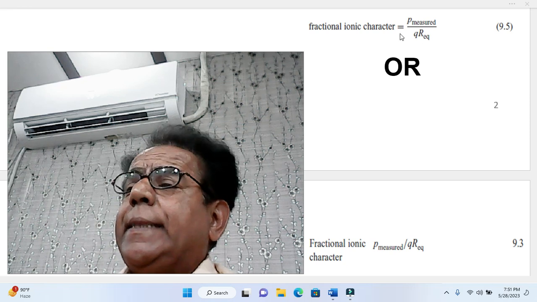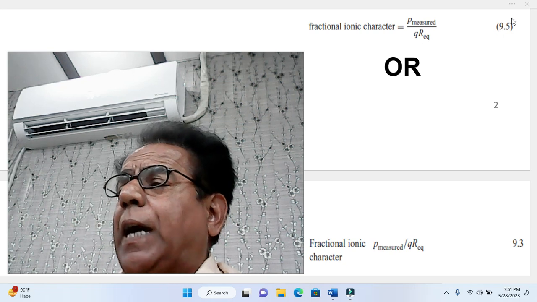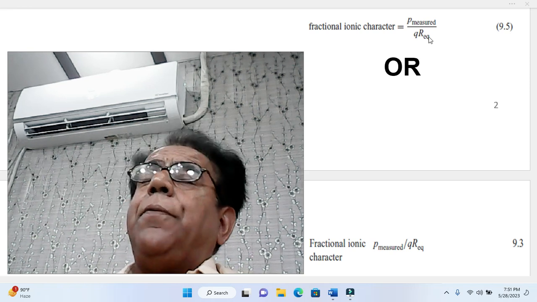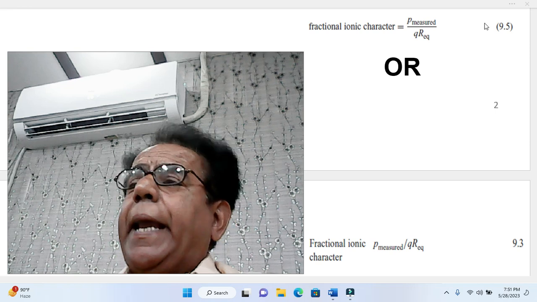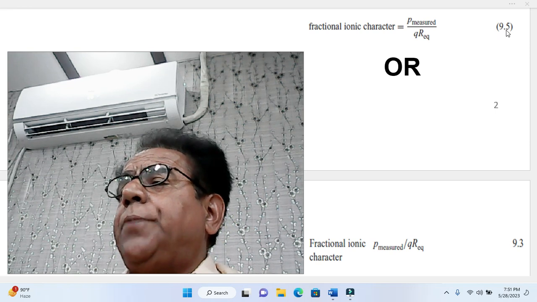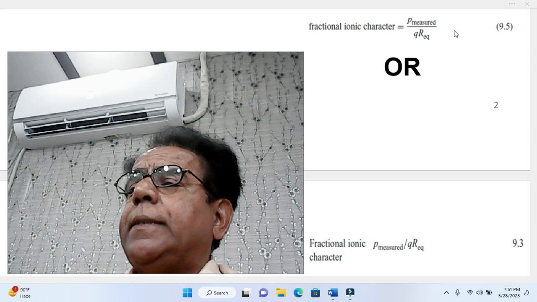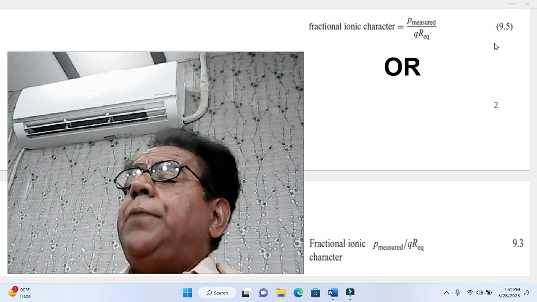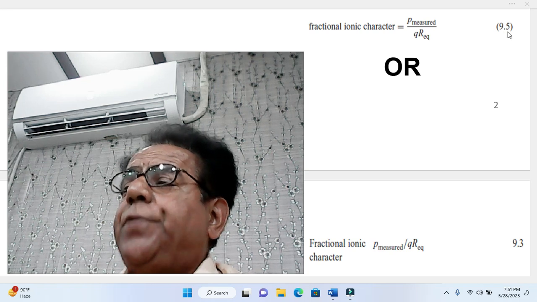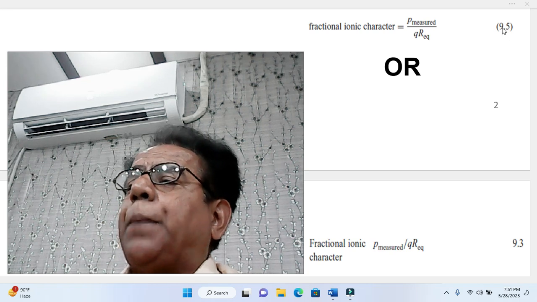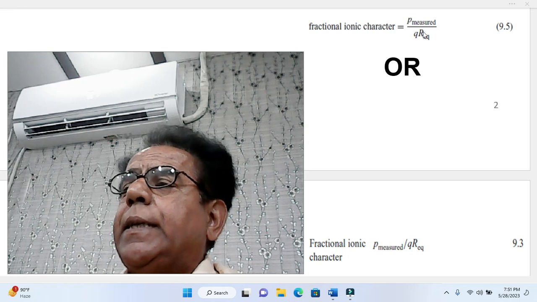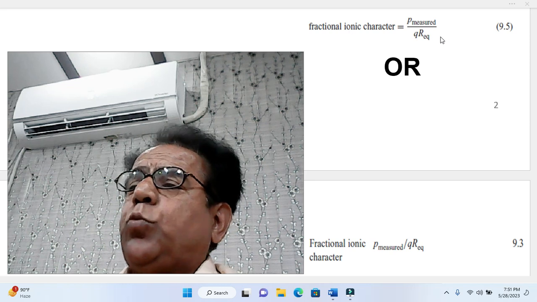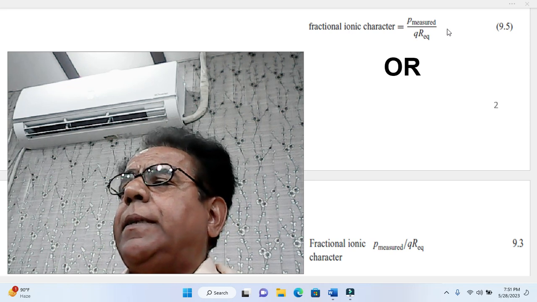So this 9.5 indicates that chapter number 9 has several topics, and this is actually fifth topic of this chapter. This is not equation number 9.5. When we will go to fifth topic of ninth chapter, then this equation will appear there, and at that place its equation number will be definitely different from this.